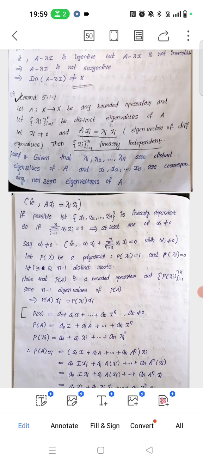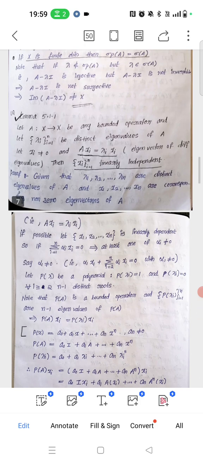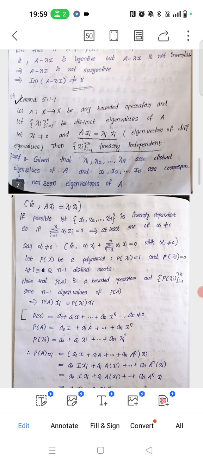Next there is an important lemma 5.1.1, which deals with the linear independence of the eigenvectors corresponding to distinct eigenvalues of a bounded linear operator. Here A is a bounded linear operator and you are given a finite number of distinct eigenvalues lambda 1, lambda 2 up to lambda n, and x1, x2 up to xn are the corresponding eigenvectors, which are non-zero.